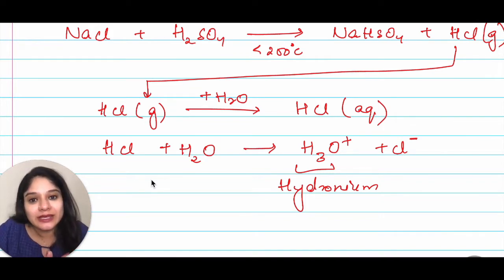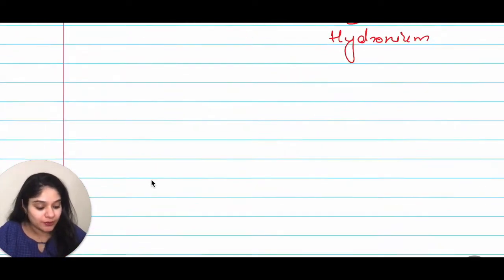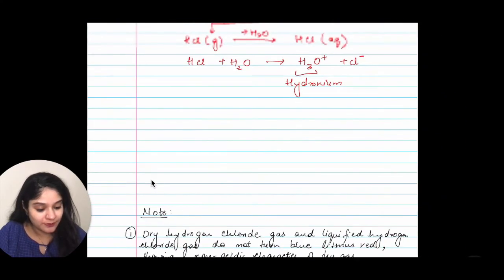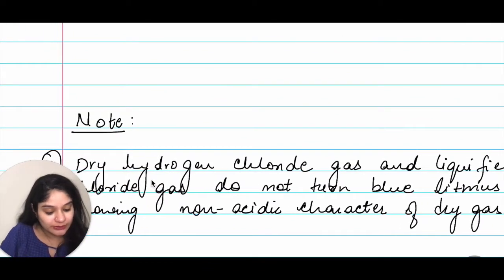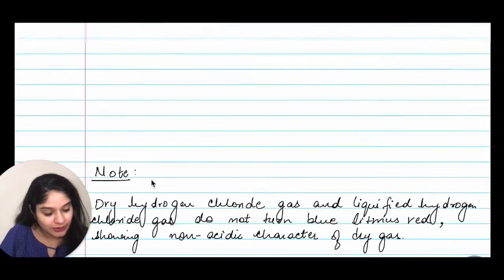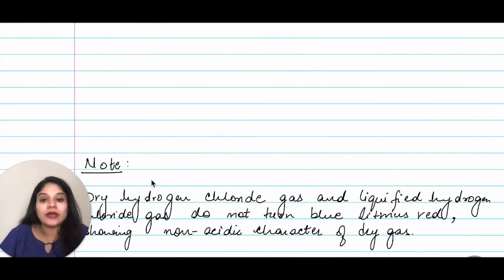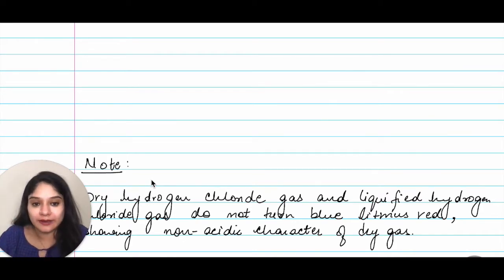Let's come down here. So this is the first one, that it does not turn blue litmus red. You can take a note of this point right here. Dry hydrogen chloride gas and liquefied dry hydrogen chloride gas do not turn blue litmus red, showing non-acidic character of the dry gas.